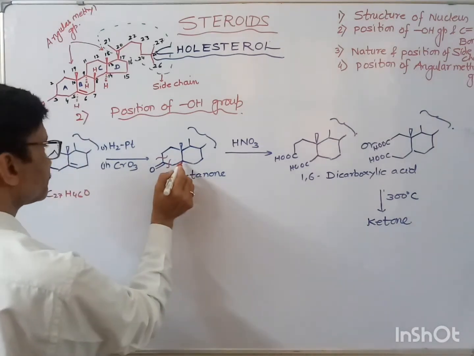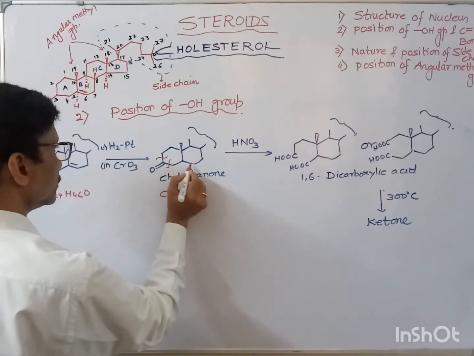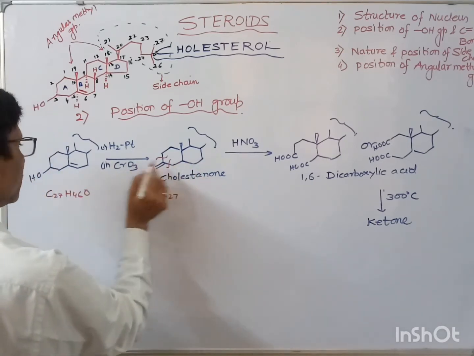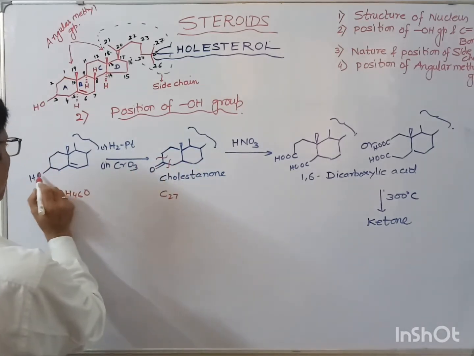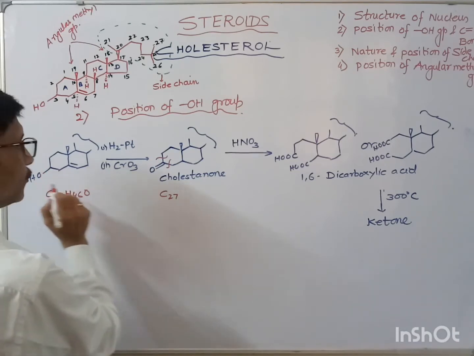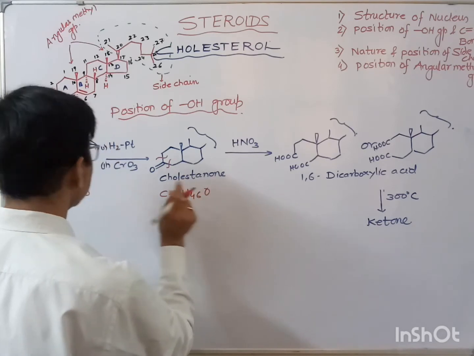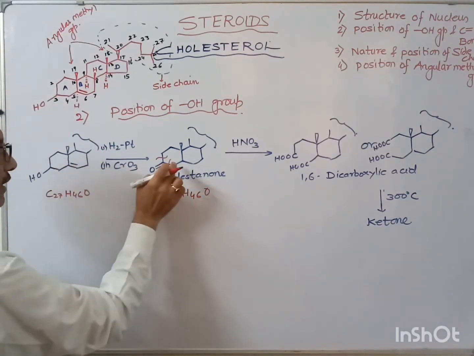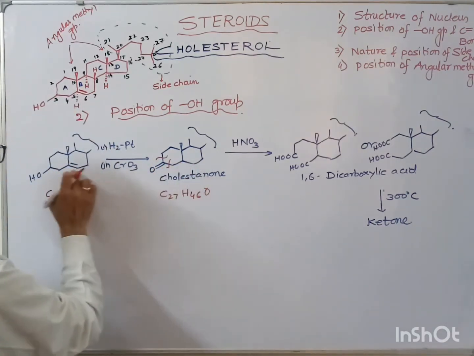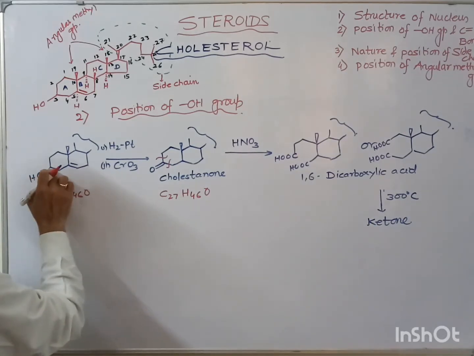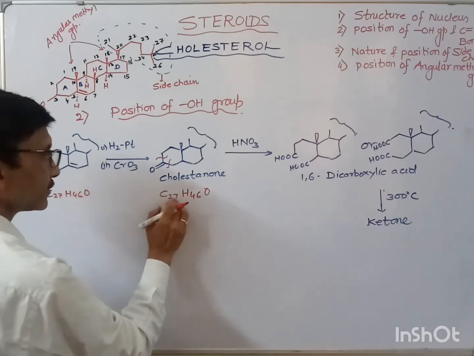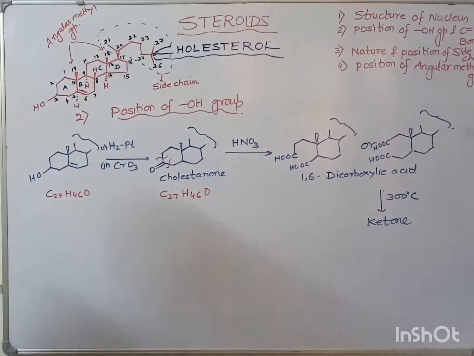Here two hydrogens are added and two hydrogens are removed, so that's why it has the formula C27H46O. As two hydrogens are added in this formula and two hydrogens are removed from here, the number of hydrogens remains the same, or the formula remains the same for both.